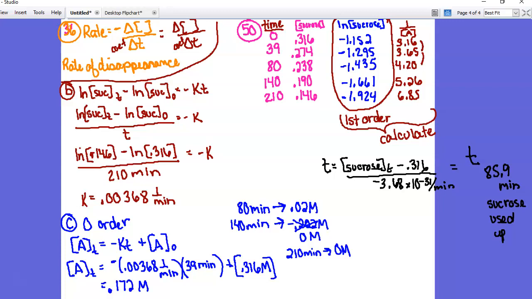Number 2, the proposed mechanisms. You just have to watch the color changes. It says record what you would observe for each test if the mechanism resulted in the color change. So you know what color everything is. It says the free DBA is blue. So what would be happening if you're titrating? If you started with blue, it would go to colorless.